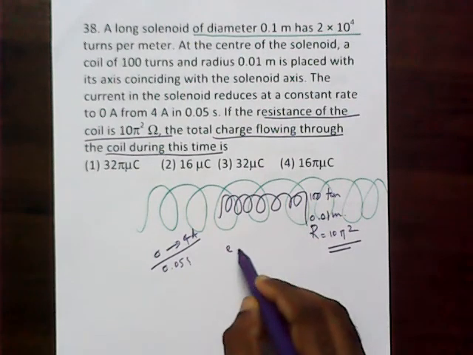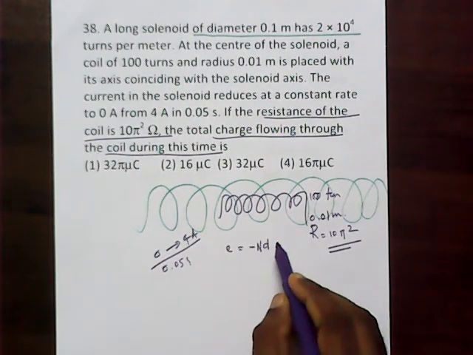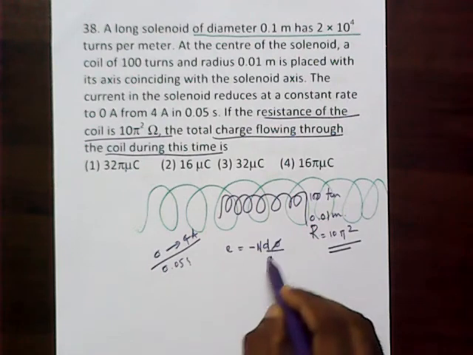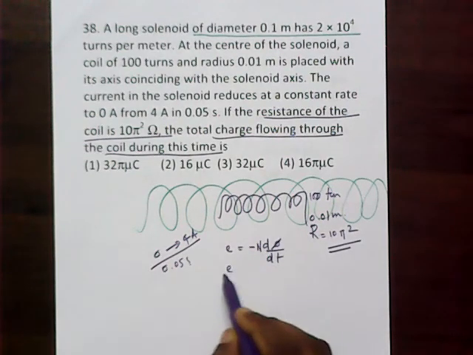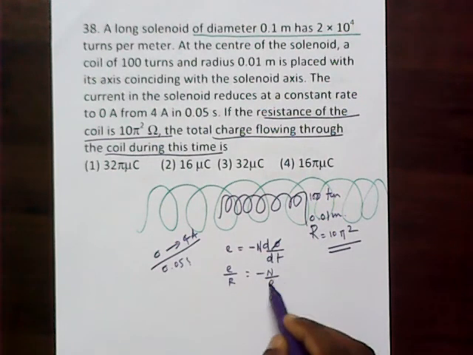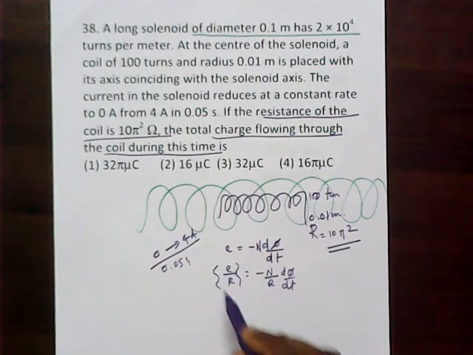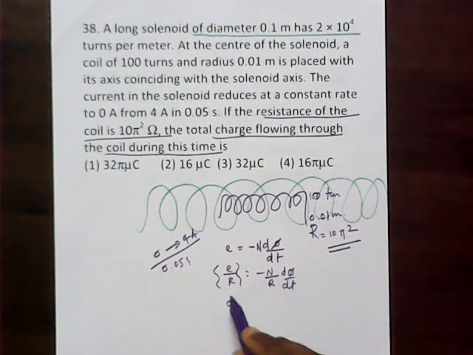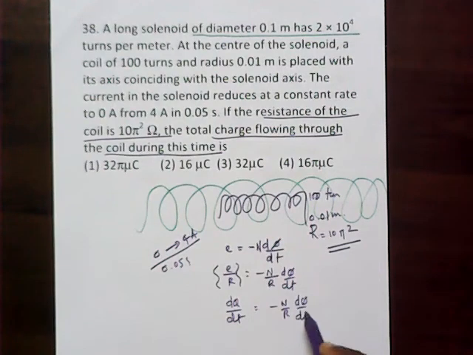The EMF induced is equal to minus N d phi by dt. If you divide E by R, you get the value of current flowing through it. That is dq by dt, which is minus N by R d phi by dt.